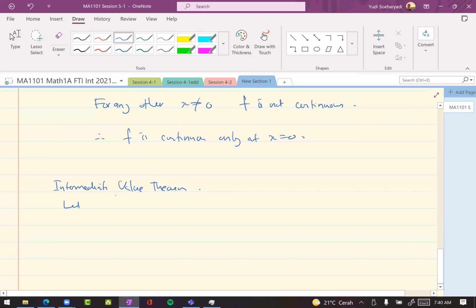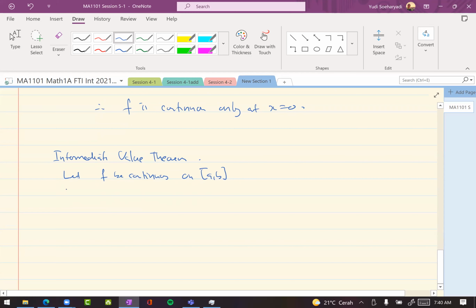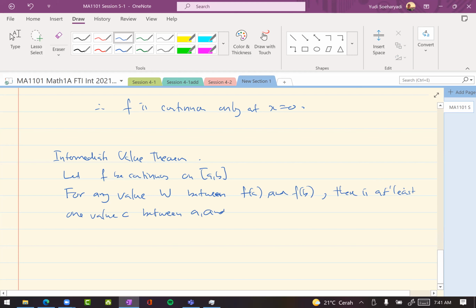So let f be continuous. The conclusion is that for any value w between f of a and f of b, there is at least one value c in [a, b] such that f of c equals w.